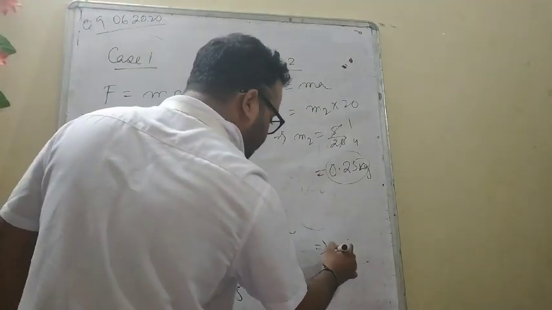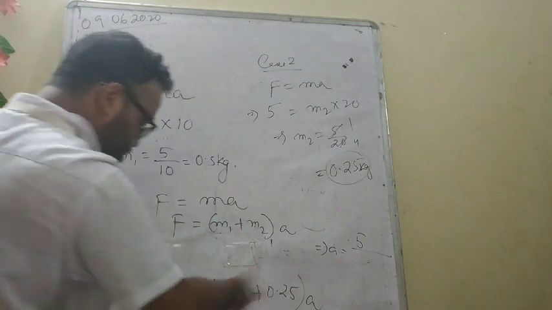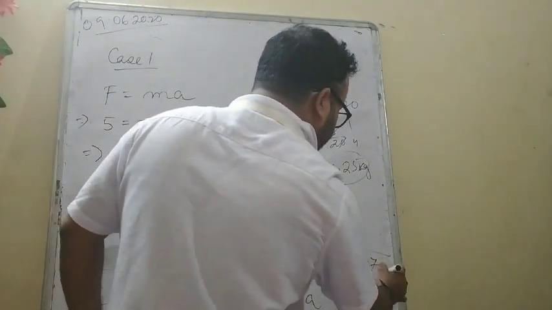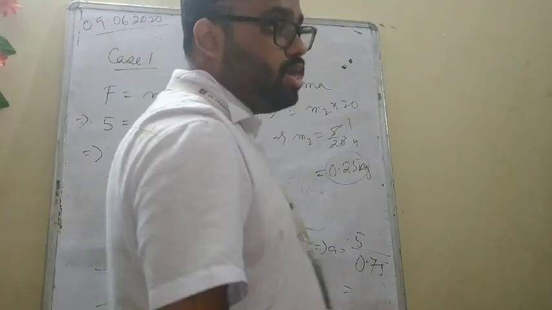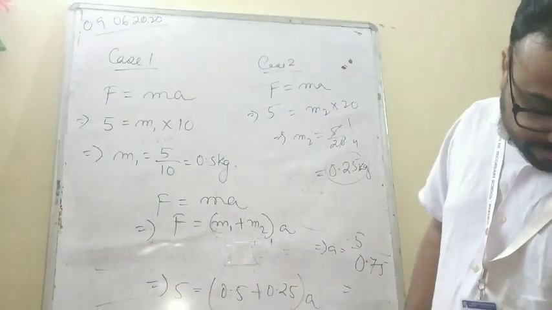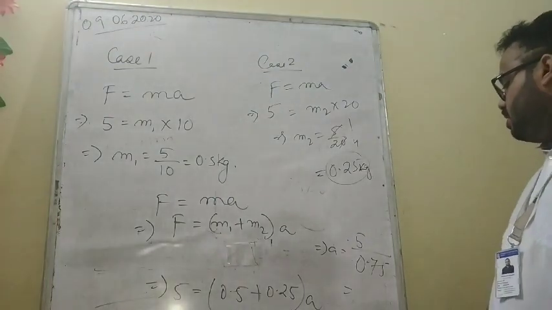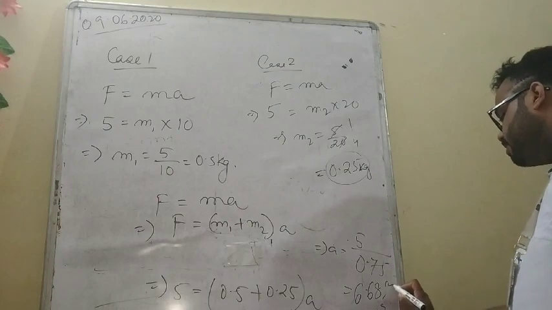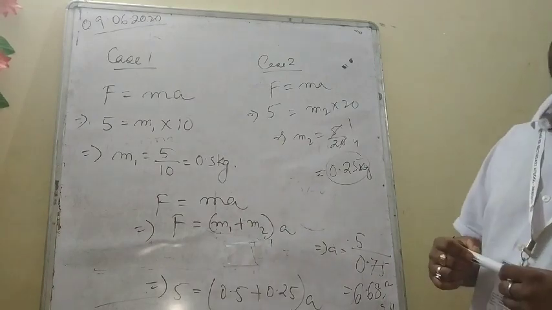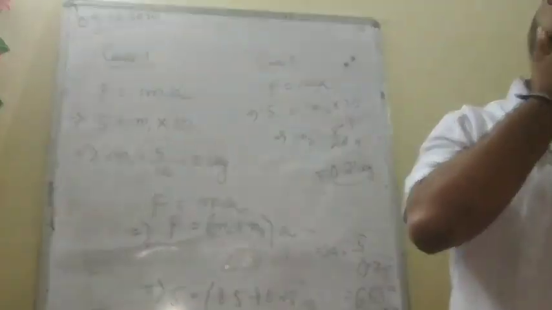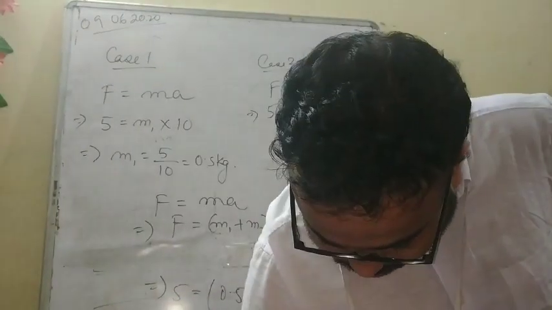So a is equal to 5 divided by 0.75. So it will be approximately 6.68 meter per second square. So these are the solutions which we have done.